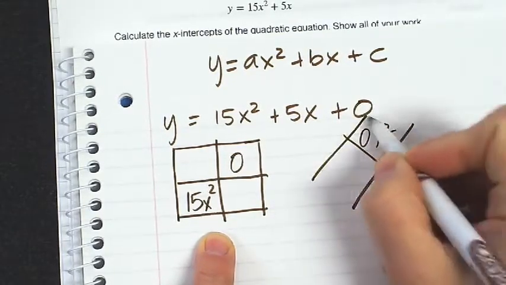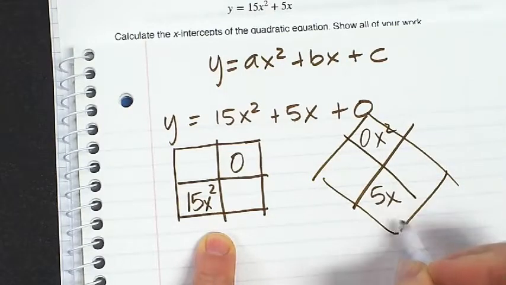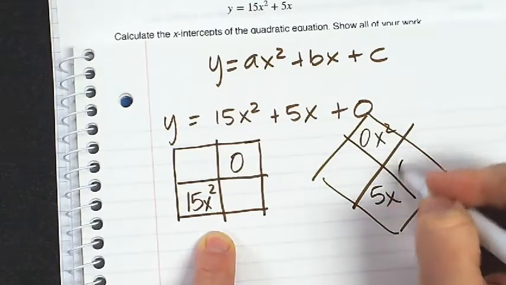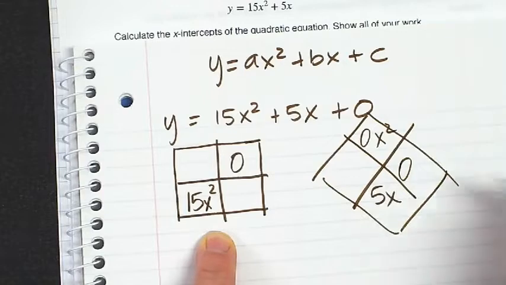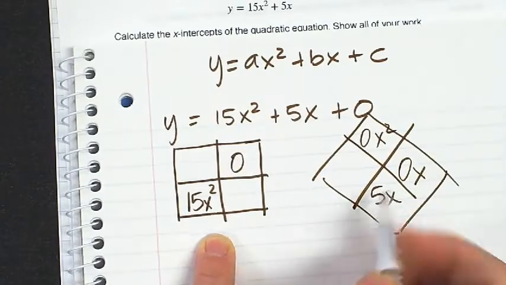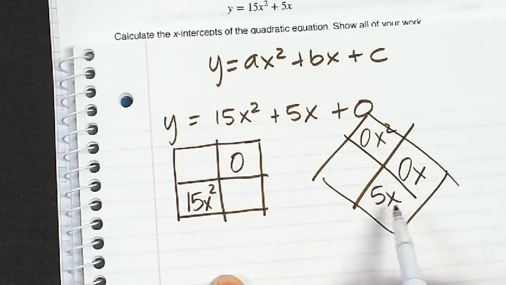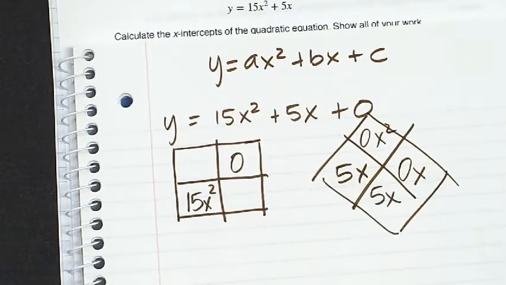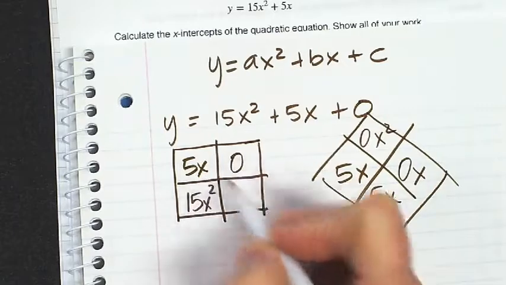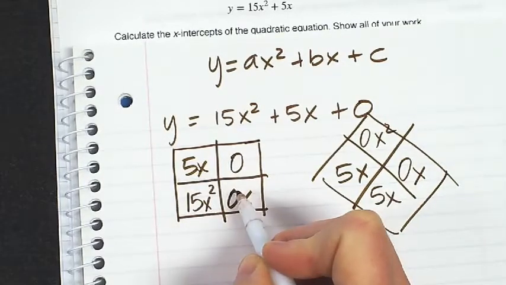So you're looking for factors of 0x squared that add up to 5x, so you know one of them is going to be 0, or 0x. And then what could you multiply to get 0x squared, but when you add it you get 5x, 5x and 0x. So 5x and 0x, it doesn't matter where I put each one.